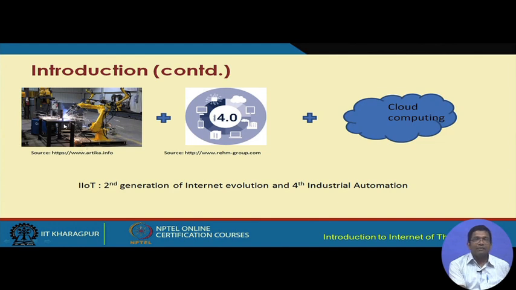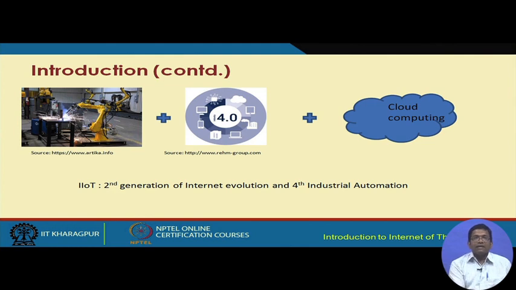The first generation of internet is the internet that we all use, the regular internet, which connects different computers throughout the world. The second generation of the internet is about connecting different things, connecting different machines and so on.